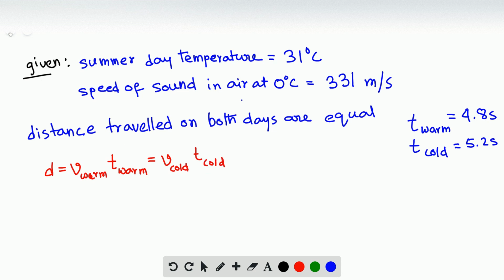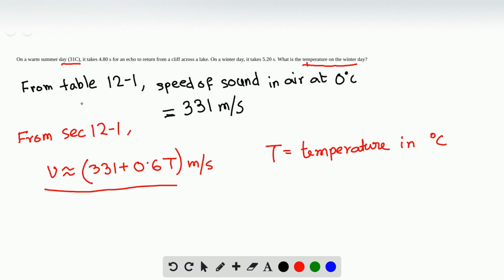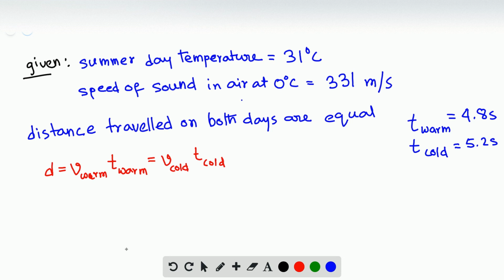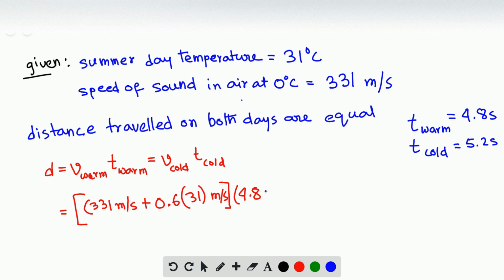Now, since we know this relation, we can use it over here, and we get something like the following. So 331 meters per second plus the 0.6 factor, and since it's 31 degrees Celsius, we'll have 31 over here, and that's in meters per second, multiplied by the time of 4.8 seconds.